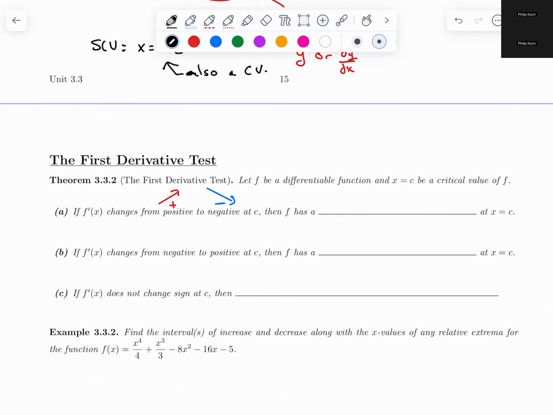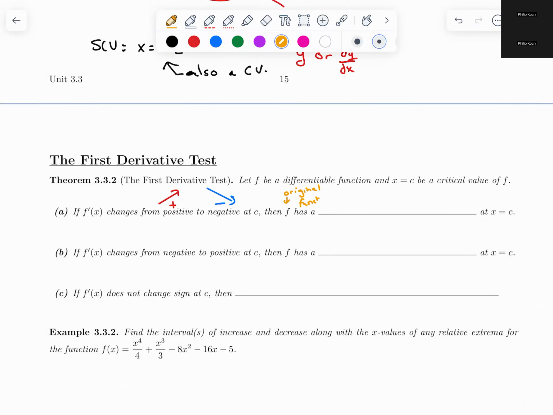So notice that it says the original function, then f. What do you think it has? Do you think it has a relative maximum, a relative minimum, or nothing?